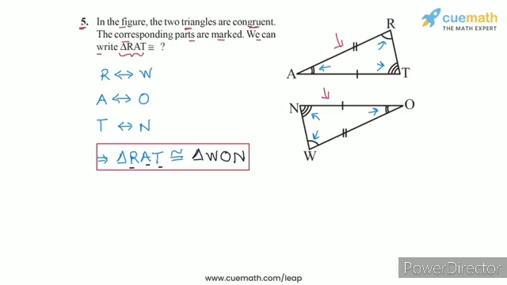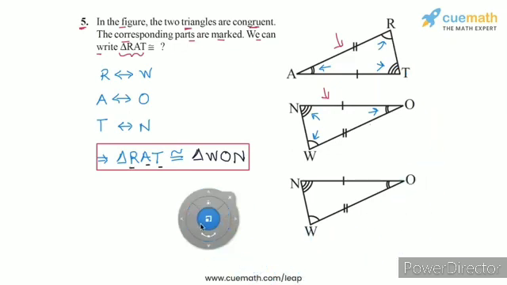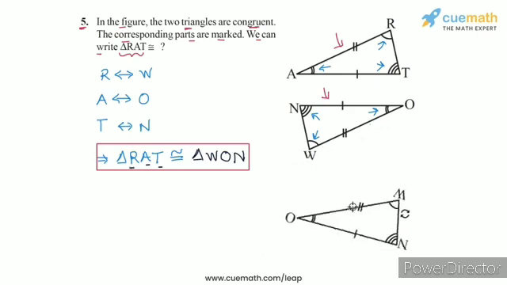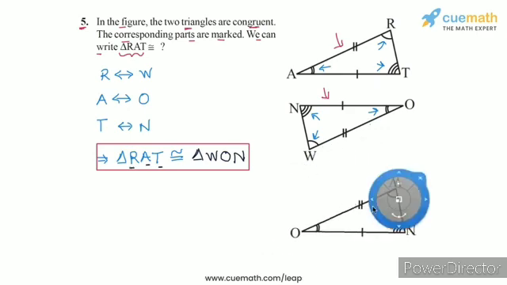So let me show you what I mean. Let me take this triangle WON and make a copy of this triangle. Now I will try and rotate this triangle so that its orientation matches the orientation of triangle RAT. So if I do something like this, now if you compare this triangle with this triangle, you can see that the orientations are now the same.